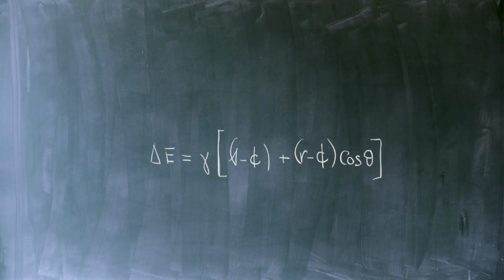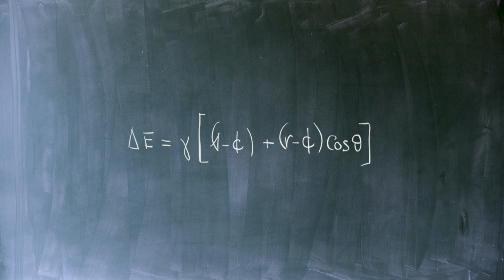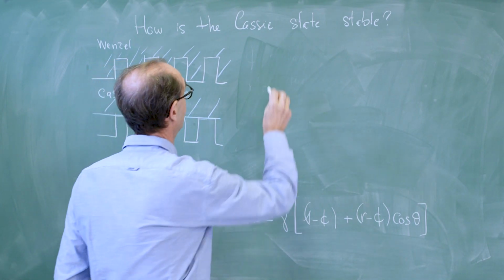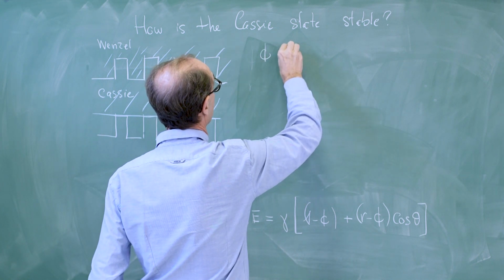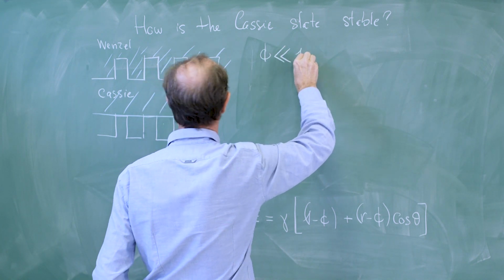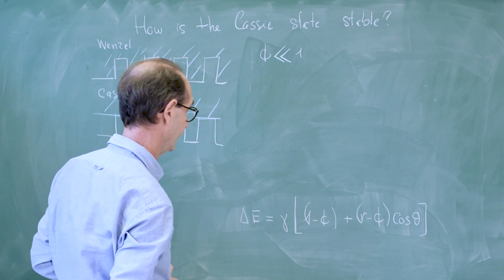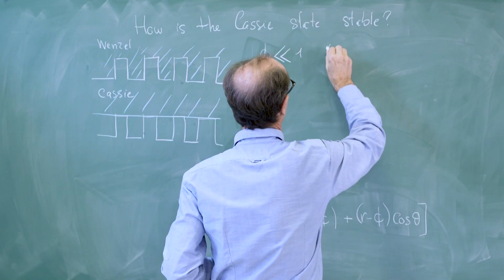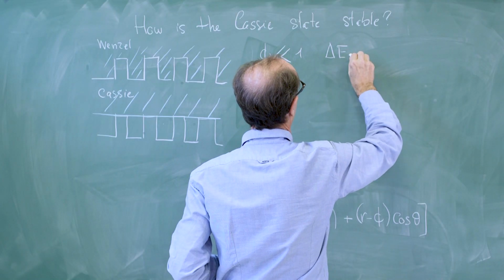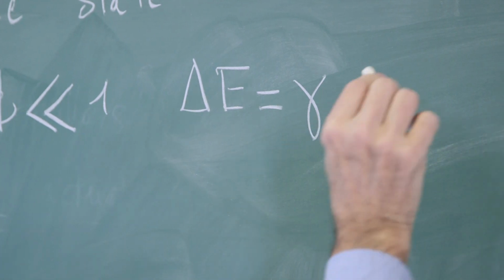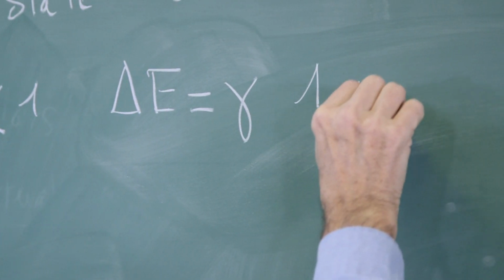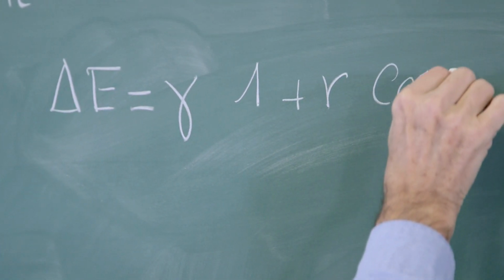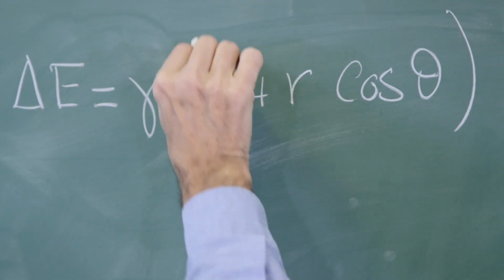I will now use this relation in a situation where the density of pillars is small. So I'm making the hypothesis that phi is much smaller than 1, so I have just a few pillars on the surface. So when phi is much smaller than 1, the difference of energies, delta E, can be written as gamma multiplied by (1 plus R, the roughness coefficient, multiplied by the cosine of the contact angle theta).